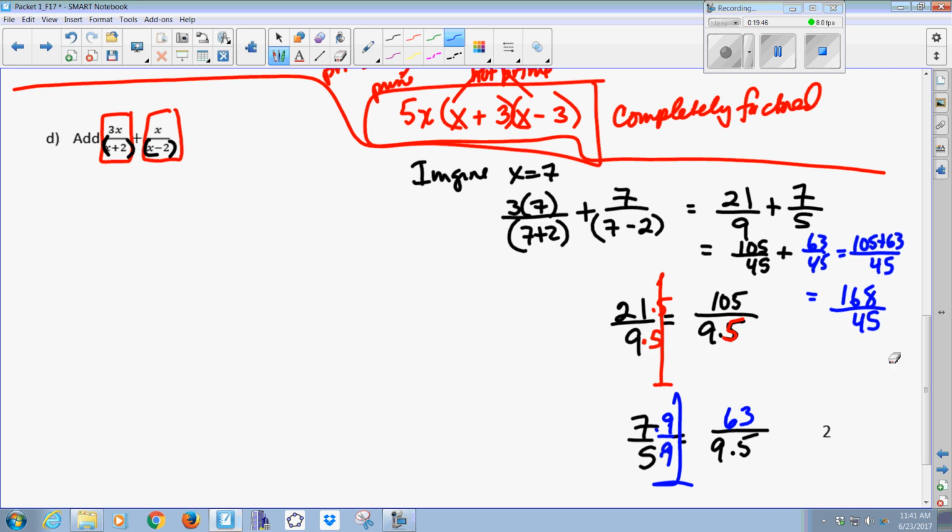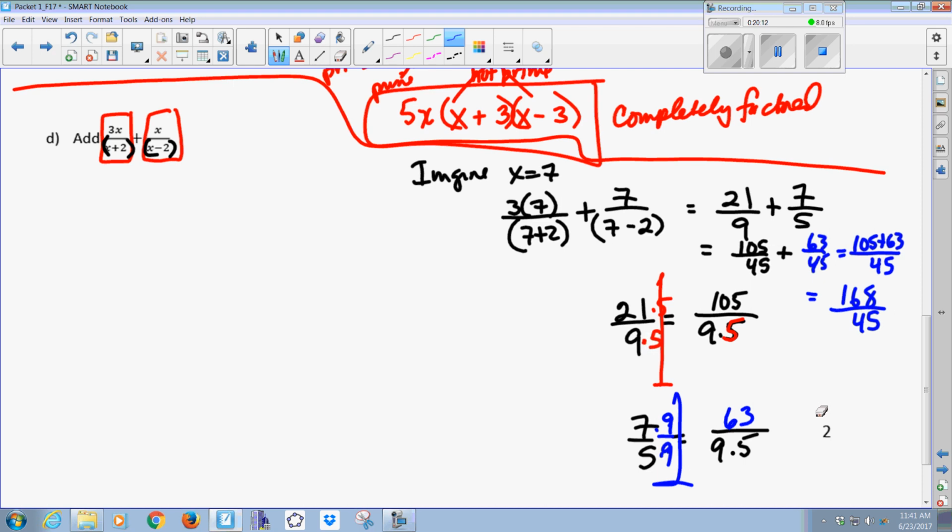So the job that I would have left here is to see if I could reduce this at all. So I know that 9 divides 45, and I know 5 divides 45. And since 9 divides 45, 3 is going to divide it. So now I have to say, can this number in the numerator be divided by either 3, 9, or 5 in order to reduce it?